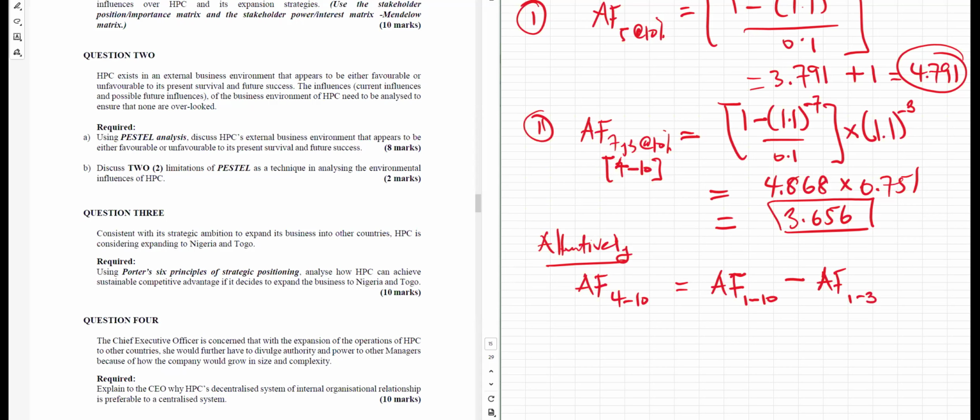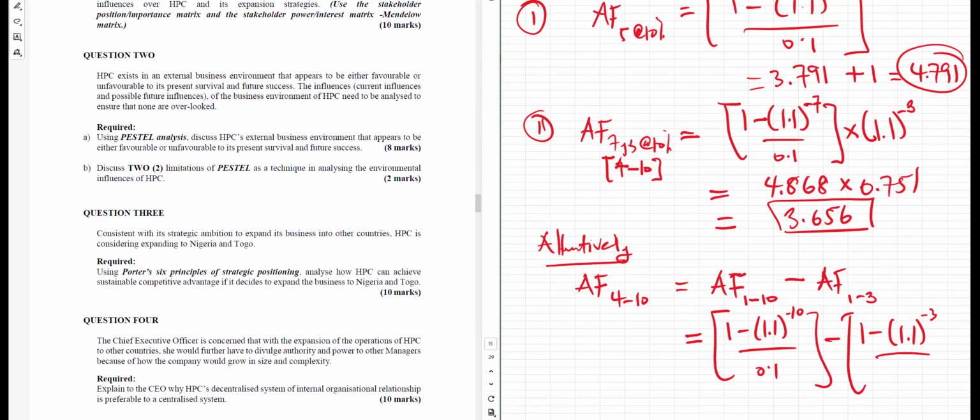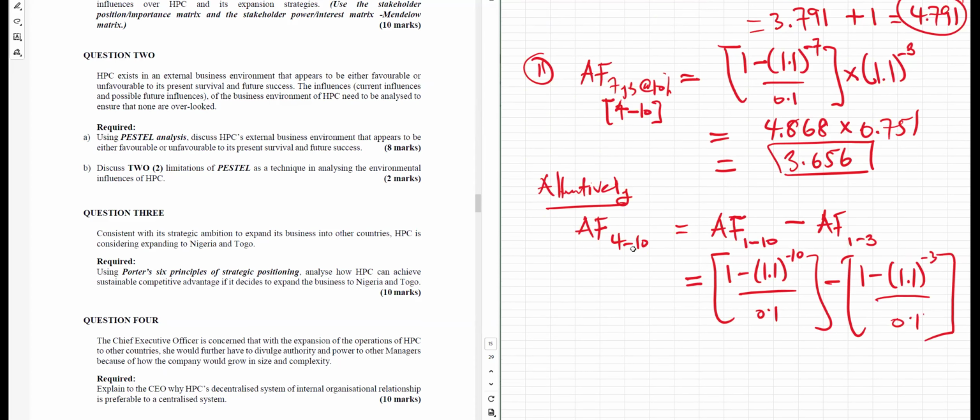So 10-year annuity is 1 minus 1.1 raised to the power minus 10 all over 0.1. Minus 1 minus 1.1 raised to the power minus 3 all over 0.1. Let's see if we get the same thing.